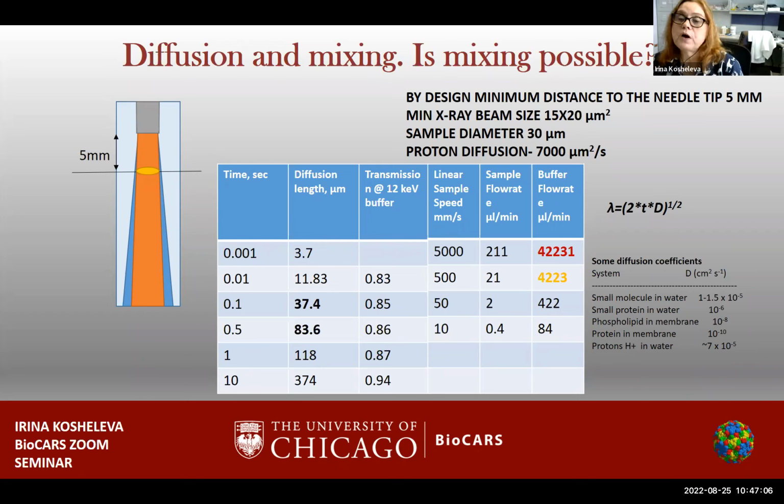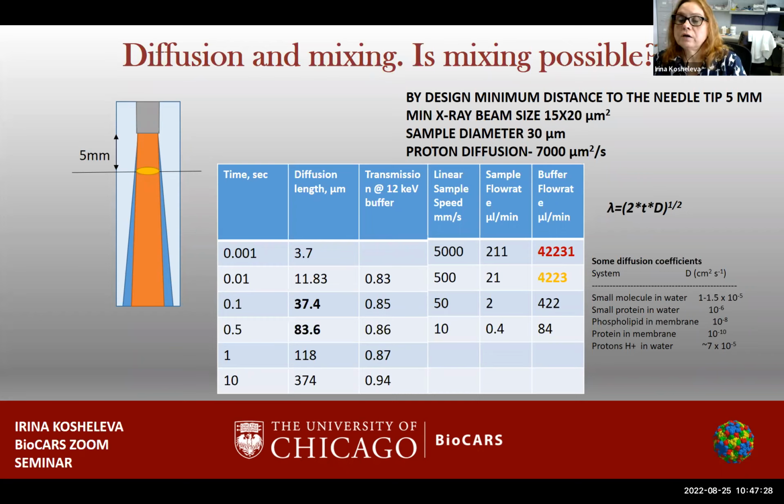But for the mixing experiment, it is not clear, just because of the diffusion coefficients. Even if we use proton diffusion for the pH jump, the diffusion is 7,000 micrometers per second.